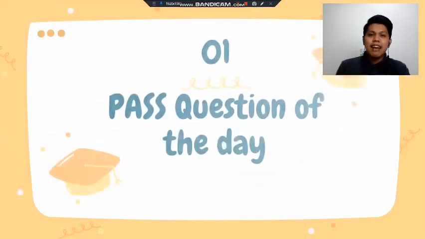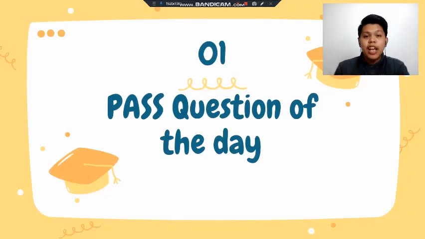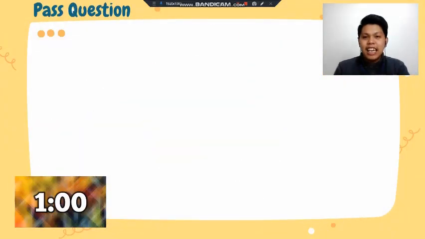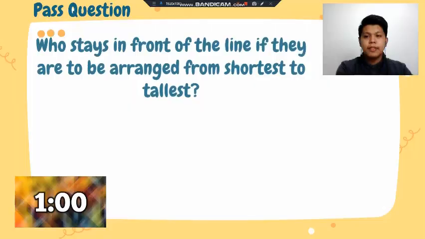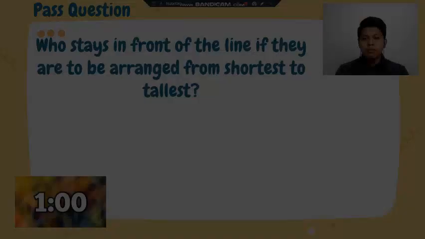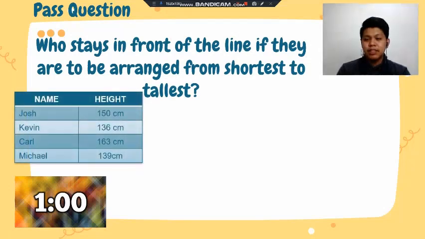But first, let's have our past question of the day. Here is our question. Who stays in front of the line if they are to be arranged from shortest to tallest? Here are the names. We have Josh with a height of 150 centimeters.